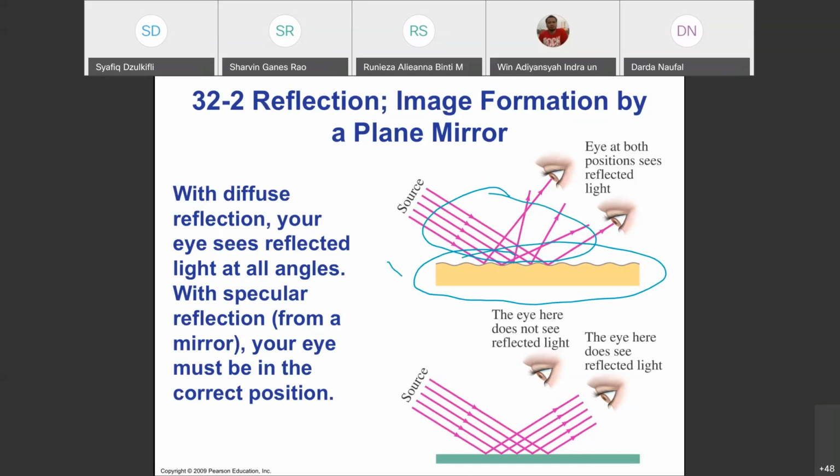So wherever you are watching from, you can still see the reflection because it reflects at all angles. But with specular reflection, plane mirror, your eye must be in the correct position. If your eye is in the wrong place, you will not see the reflected light. That is the difference between diffuse reflection, which reflects from a rough surface, and specular reflection from a plane surface.